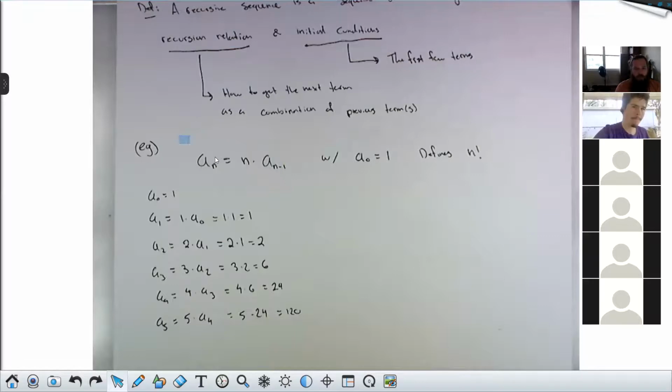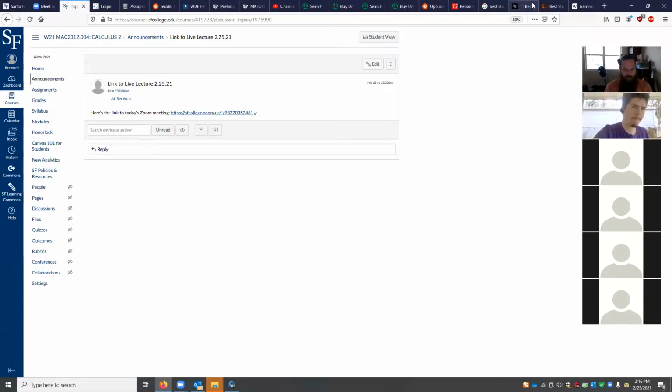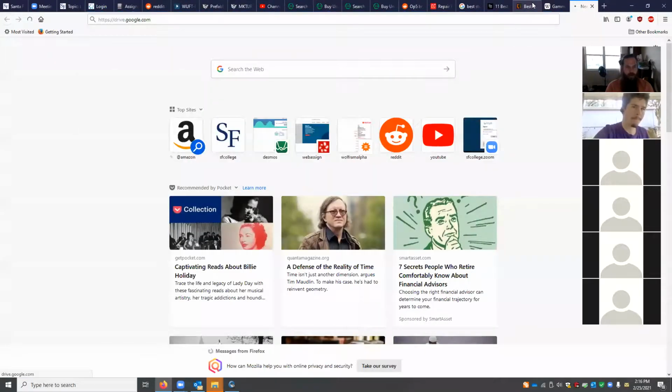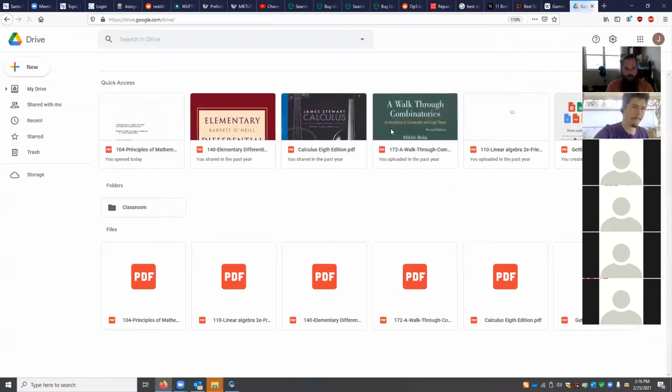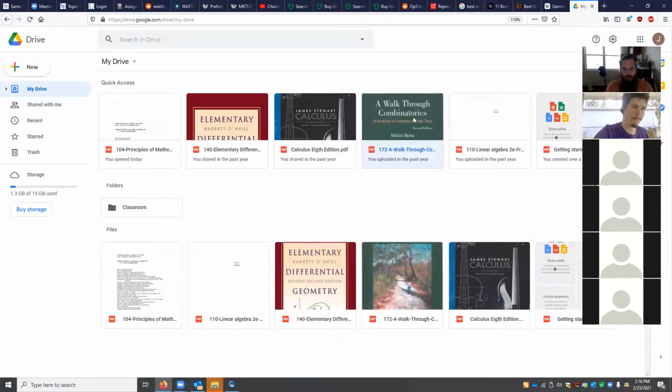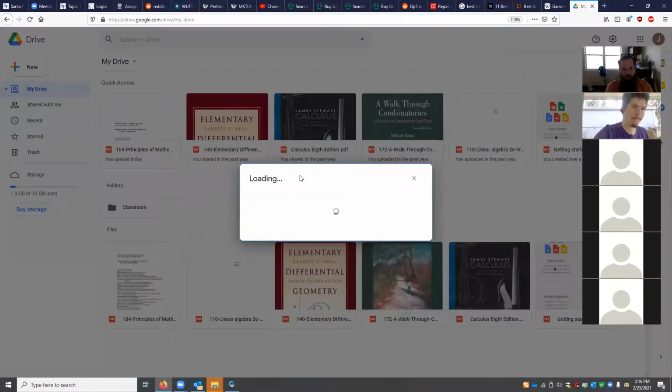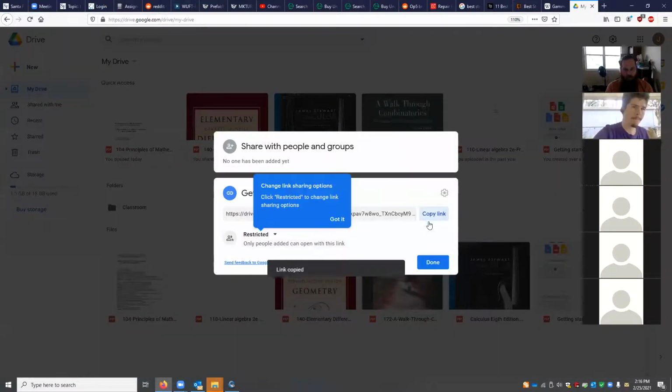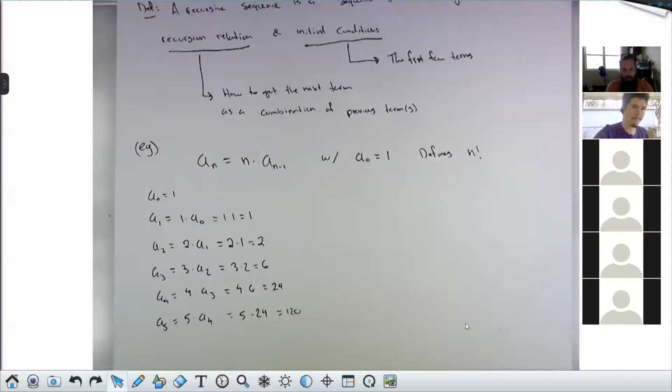There is a tool for solving recursion relations to find the algebraic formula for a recursive sequence. That tool is called generating functions, and they're well beyond the scope of this class. But if you're interested in that, you guys are getting a bunch of Google Drive links today. If you want to learn how to solve recursive sequences for explicit algebraic formulas, Miklos Bona's A Walk Through Combinatorics has a chapter on generating functions that is very good.